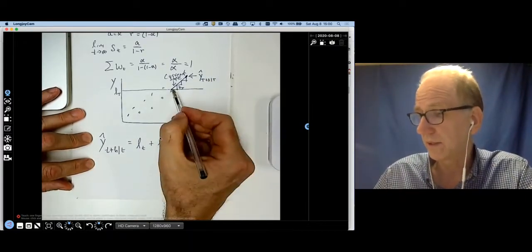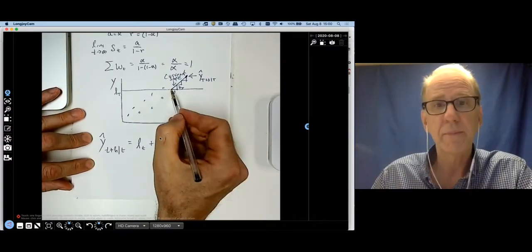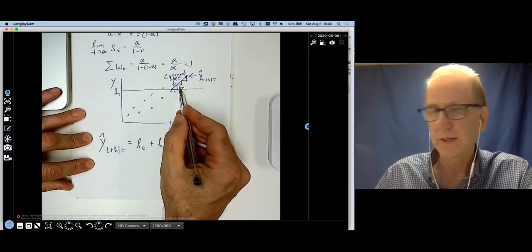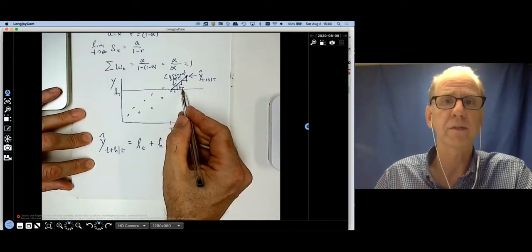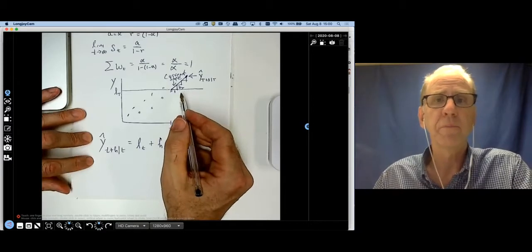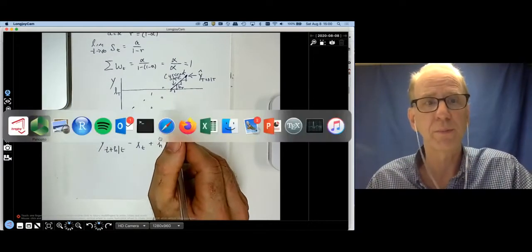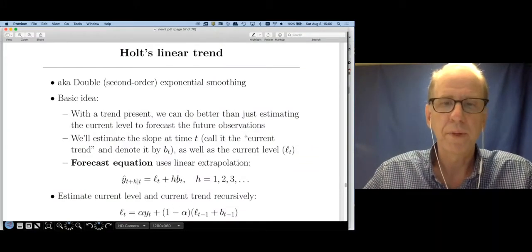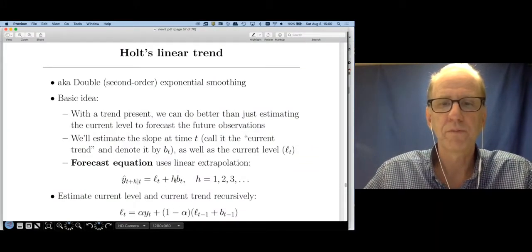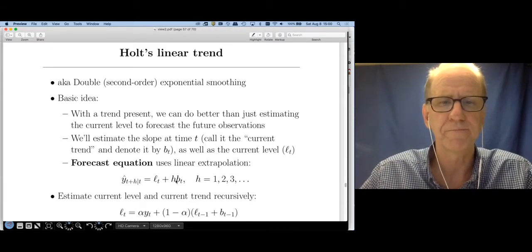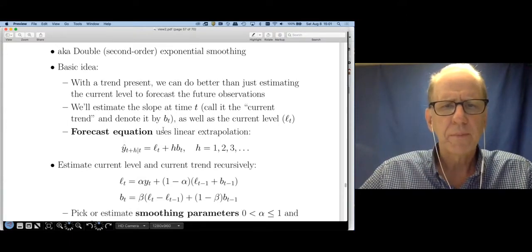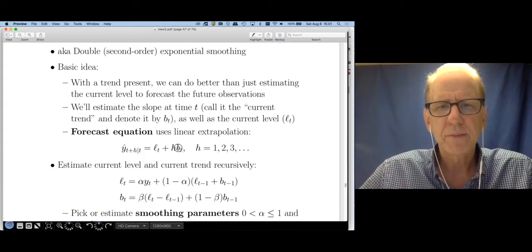And so the whole idea is take your level at time T and then take 3 hops up of size whatever this bt is. And so that's the whole idea of Holt's method, is just go up however many slopes you need to, meaning however many h's you have. That's the forecast equation. How do we get this b sub t?